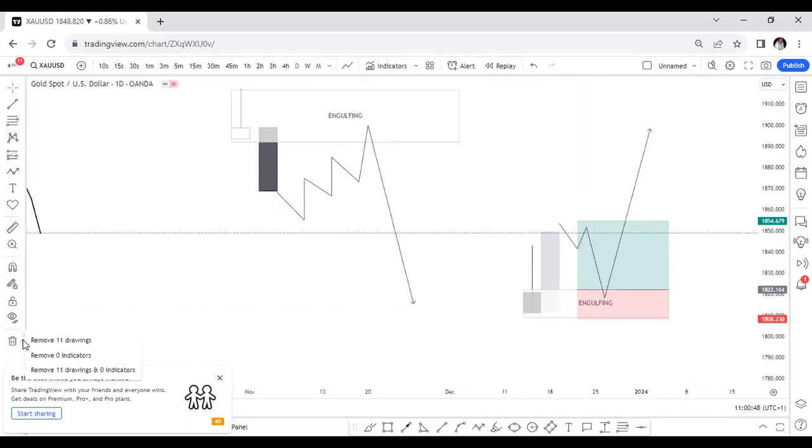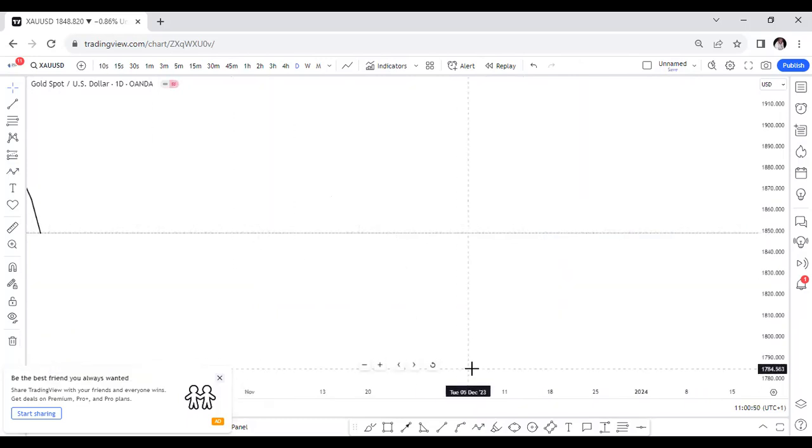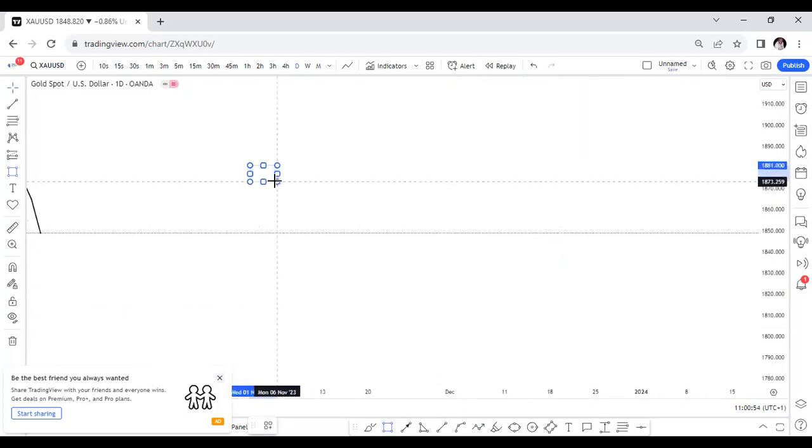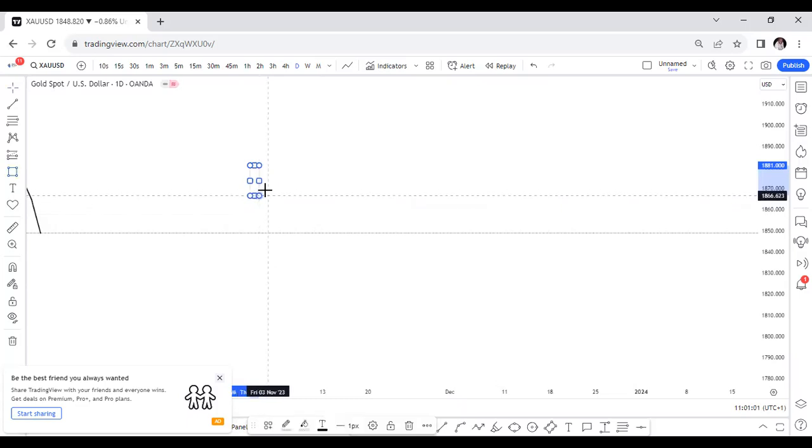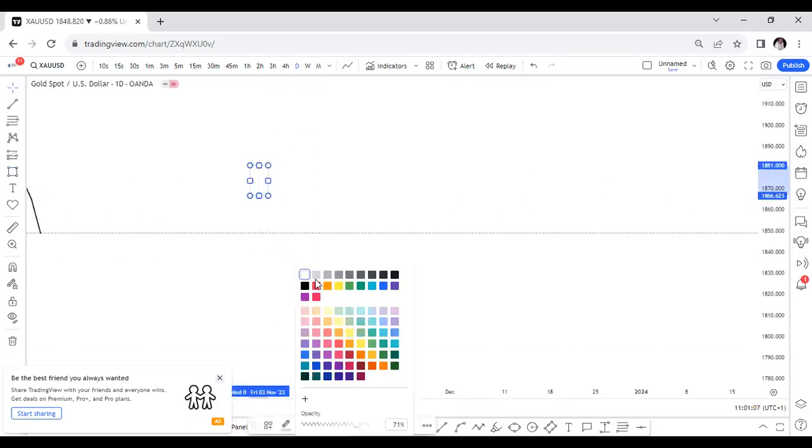Then how do you mark your zone, the different levels of engulfing, so that you don't miss the entry points?